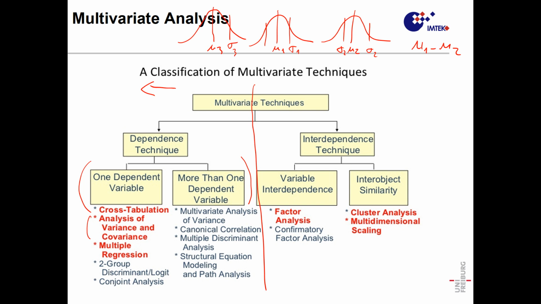But we're not going to cover that. If you have more than one dependent variable, then you will come to, for example, Manova, multivariate analysis of variance. Then you will have many measurements and many factors, and you will try to analyze that. So what we're going to focus on today is analysis of variance.